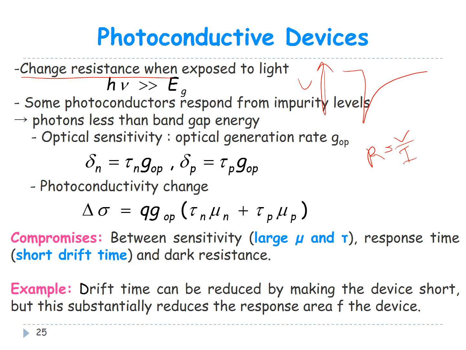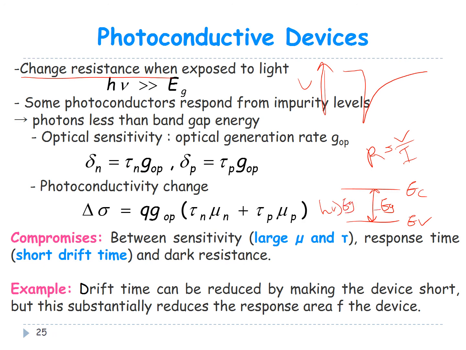Some photoconductors respond from impurity levels, so photons with energy less than the band gap energy can actually result in photoconduction. So it's important to note that in some cases we have this. If the gap is clean, we only need hν greater than EG.